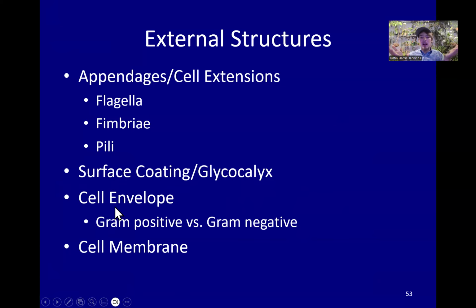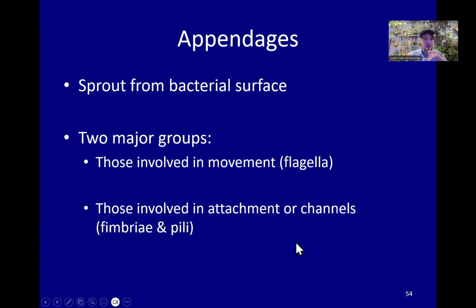And then inside of that, you have the cell envelope, which is made up of the outer membrane, if present, a cell wall, and then an inner cell membrane, or the cytoplasmic membrane, or the inner membrane.